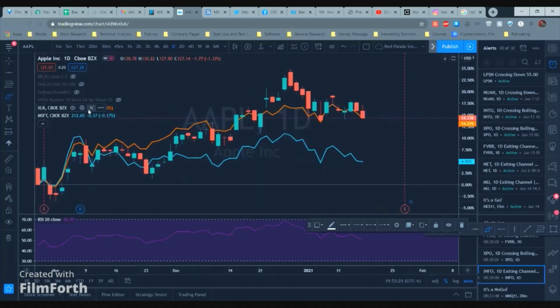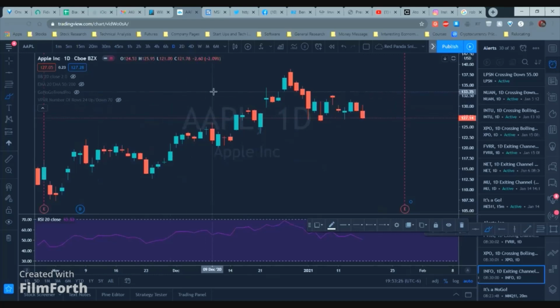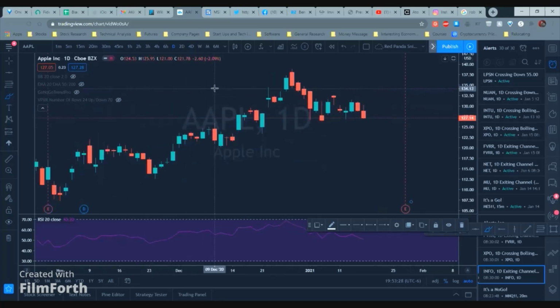I only use TradingView to look at the underlying stock. I still have to go to Barchart in order to look at the option. It's almost like two different things.